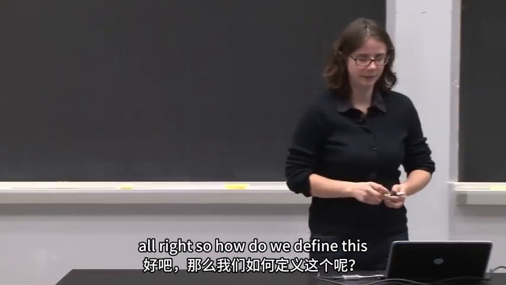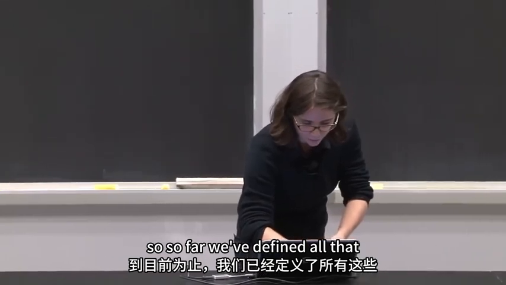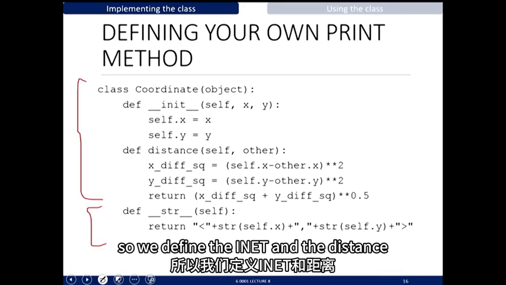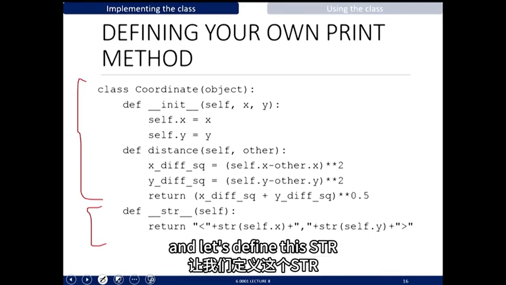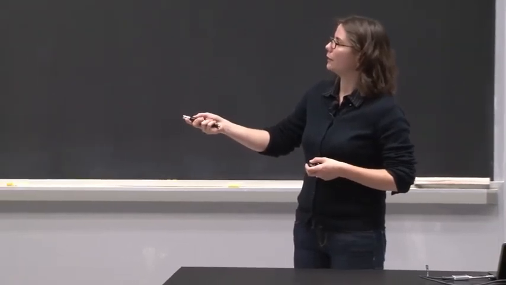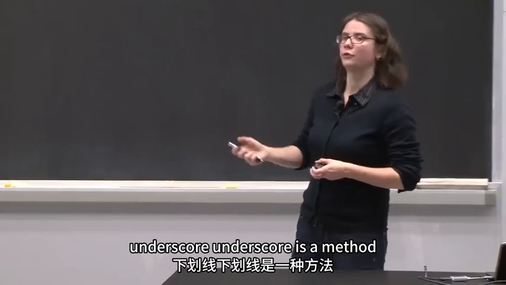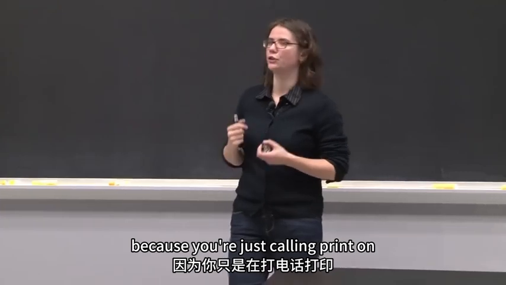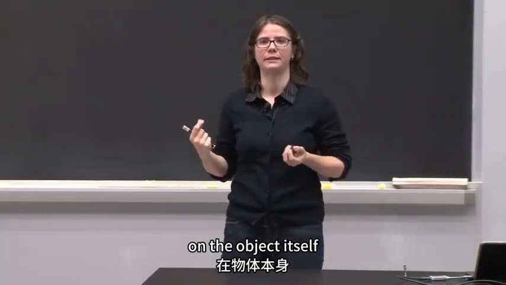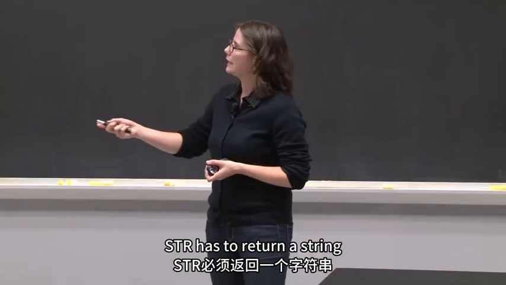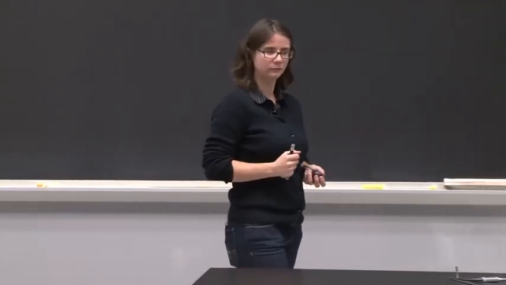All right, so how do we define this? So far, we've defined all that, and the last part's going to be new. Okay? So we've defined the __init__ and the distance, and let's define this __str__. So __str__ is a method. It's only going to take self because you're just calling print on the object itself. Okay? There's no other parameters to it. __str__ has to return a string.